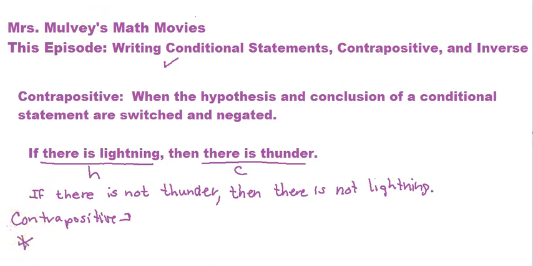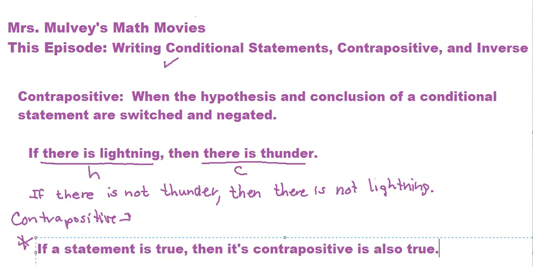I'm sorry, not true. The contrapositive is important because of this one logical fact. If a statement is true, then its contrapositive is also true. The name that we give for that is that they are logically equivalent.